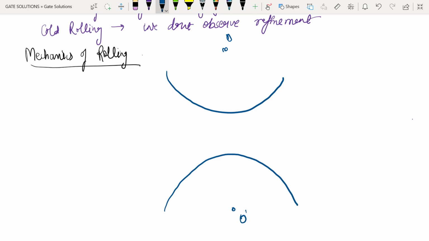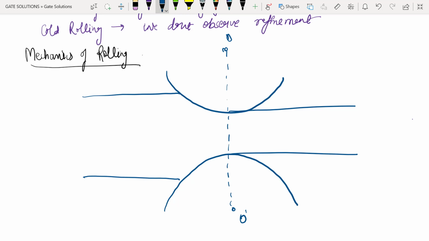Now I am joining these two centers with a vertical axis. The material is passing between these two rolls and coming out on the right-hand side, so the direction will be from left to right. This is the contact angle, which is called angle theta.